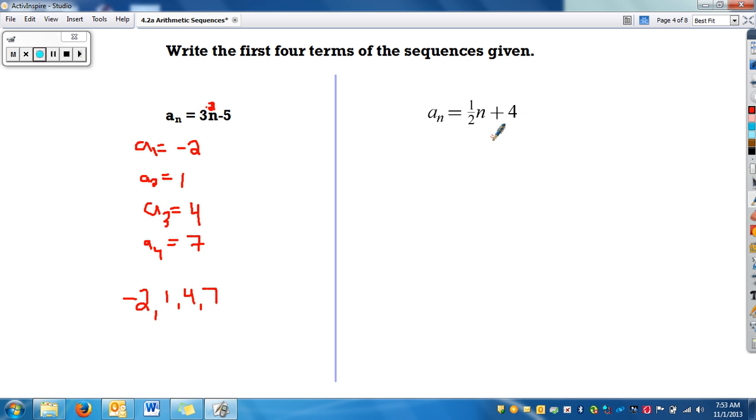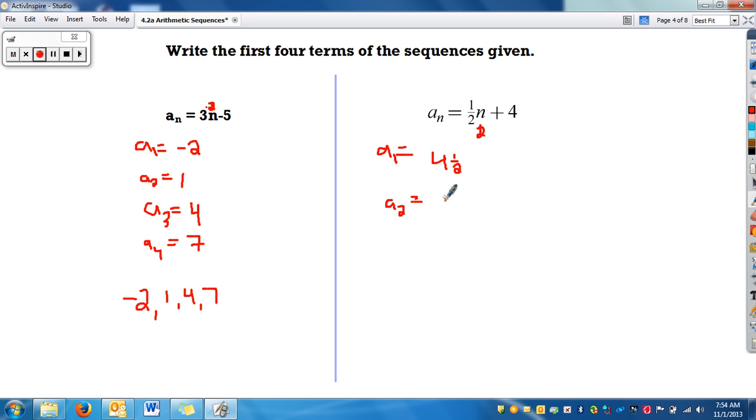So on the second one, you might want to try this on your own and then see if you are correct with me. You have a sub n equals 1/2 n plus 4. So again, I need to find the first 4 terms. So I plug in 1 for n. I get 1/2 times 1, which is a half, plus 4 is 4.5, however you write it. Then we find a sub 2. Instead of 1 here, we now have 2.